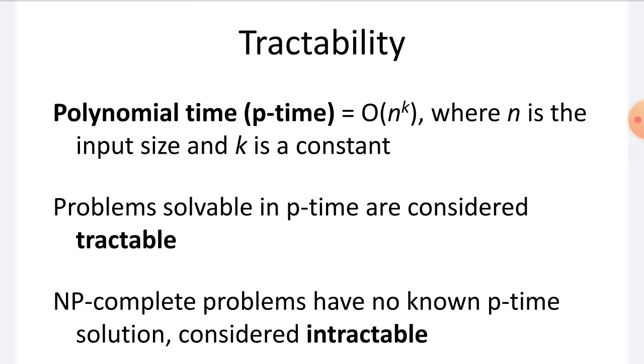Polynomial time, P time, is order of n^k, where n is the input size and k is a constant. Problems solvable in P time are considered tractable. NP complete problems have no known P time solution and are considered intractable.